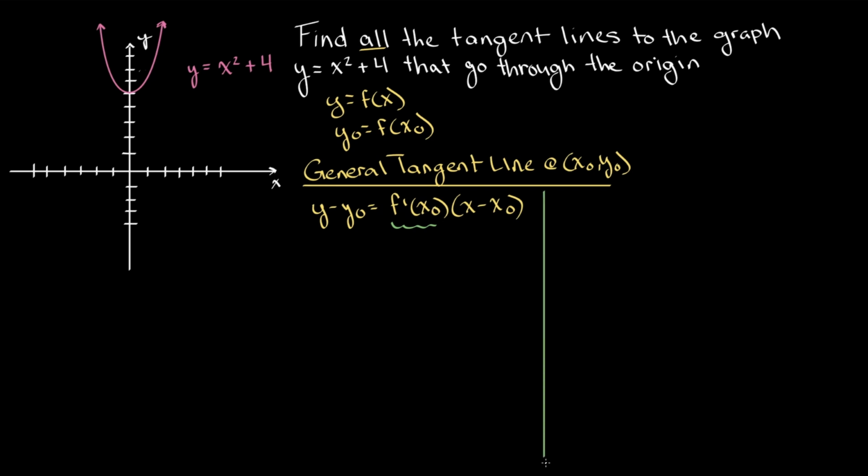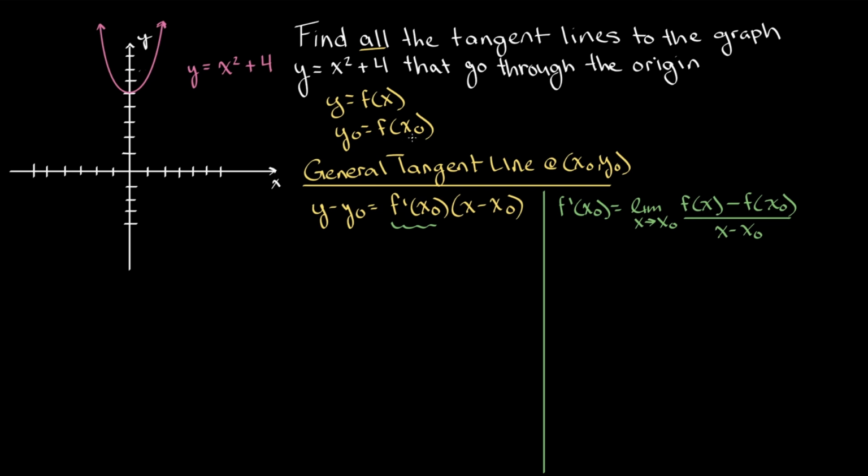So we have f prime of x naught is going to be equal to, the definition of the derivative, the limit as x goes to x naught of f of x minus f of x naught, all over x minus x naught. Again, just the definition of the derivative. And now we can fill in.